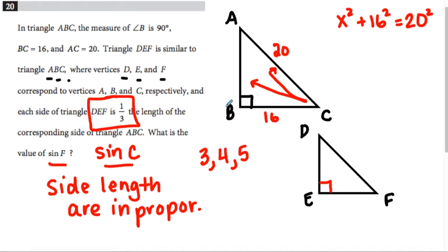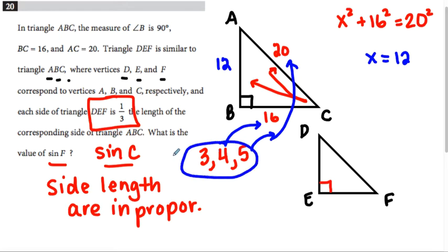That means that 4 times 4 gives me 16, 5 times 4 gives me 20 here, so then 3 times 4 would give me 12. Now, you could go through this process. You're going to get x equals 12, but you might forget what 16 squared is and what 20 squared is. So understanding those Pythagorean triples can really be helpful here.